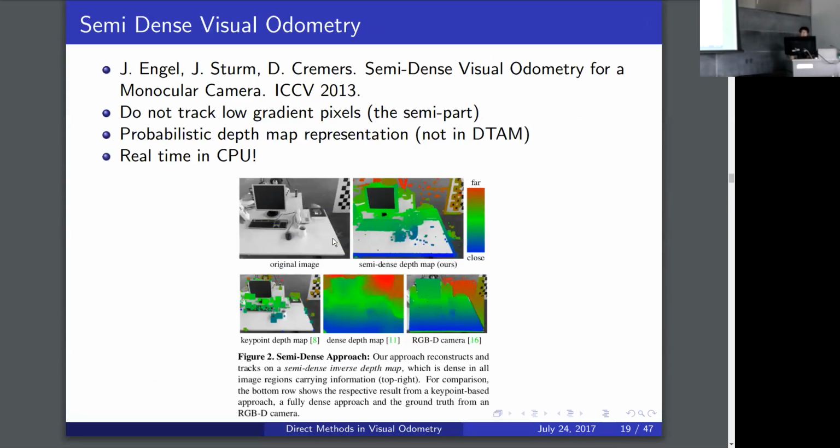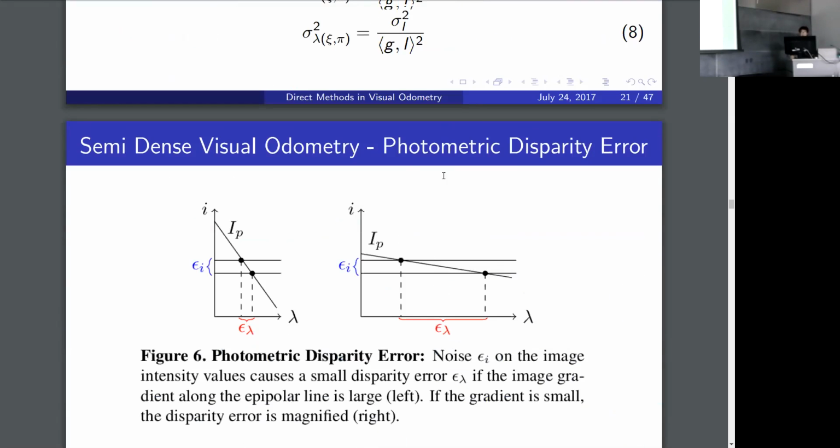You would want to favor high image gradients, like black and white, like the corners of the table, over low image gradients. That's what it means by photometric disparity error.